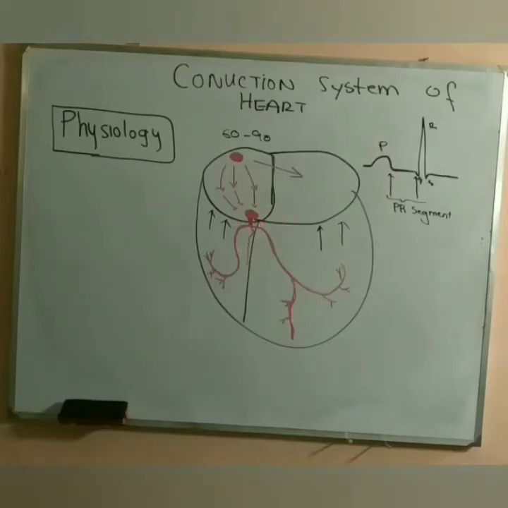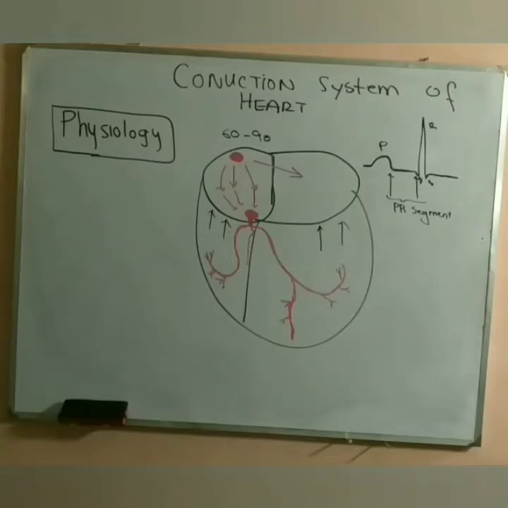Now the PR segment is the very time when the impulse is passing through the AV node, but the PR interval is from the start of the P wave to the start of the QRS complex. It is the time when the sinus node has started firing impulses, the atria are depolarizing, and then the impulse enters the AV node, before the depolarization of the ventricular myocardium.